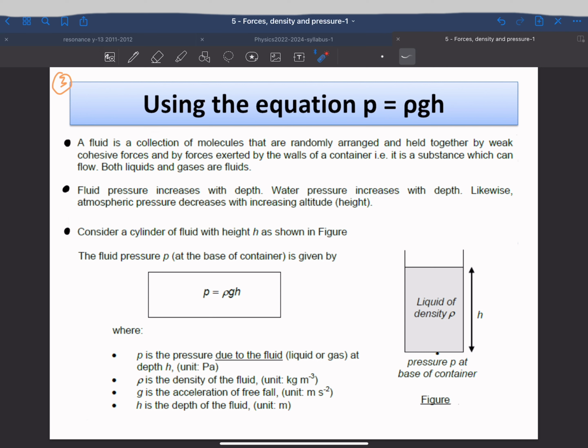Water pressure increases with depth, as I just explained. Likewise, atmospheric pressure decreases with increasing altitude or height. What does this mean? Here we have to recall that suppose we are considering the earth, then around the earth we have a region where the atmospheric pressure will act.